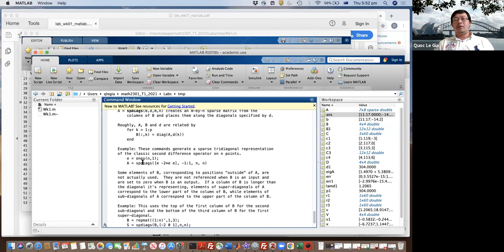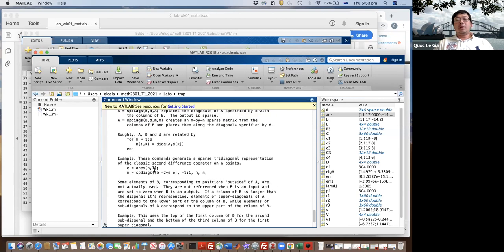So has anyone tried this? Can you try this command? This one creates a tridiagonal matrix. On the diagonal entries, it's just -2. The upper diagonal entries are all ones, and the lower diagonal entries are ones. Can anyone play with this command and show me how to do this?